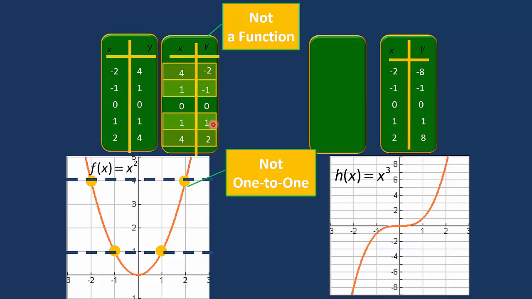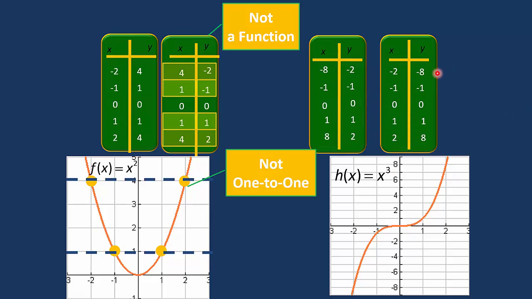And what we do is we say, okay, the graph of x squared is not a one-to-one function. In other words, every x corresponds to exactly one y, but not every y corresponds to exactly one x. When that happens, we say we have a one-to-one function. Now let's look at this other one, x cubed. And let's swap the ordered pairs on this one as well.